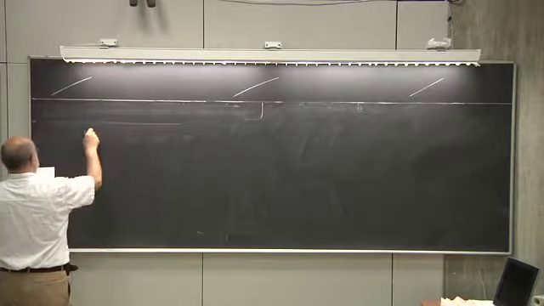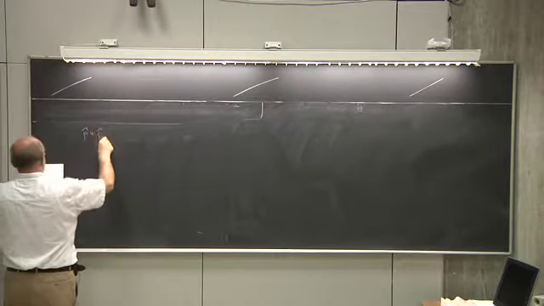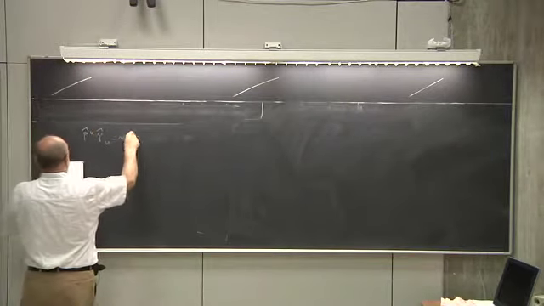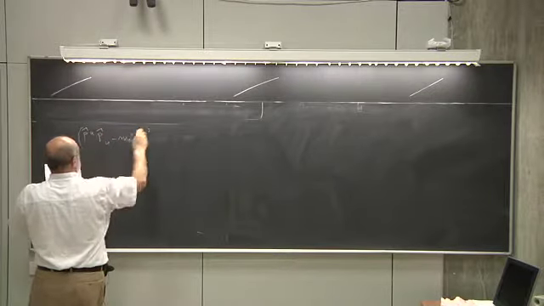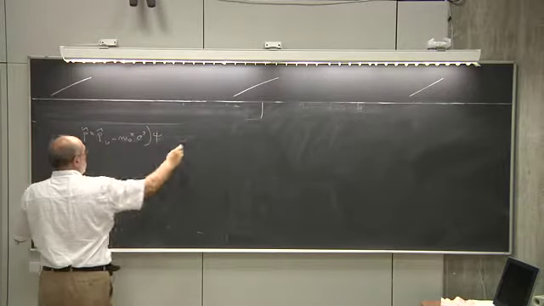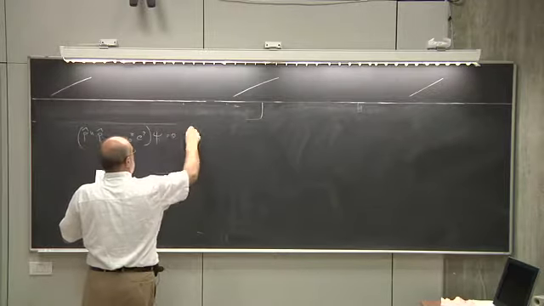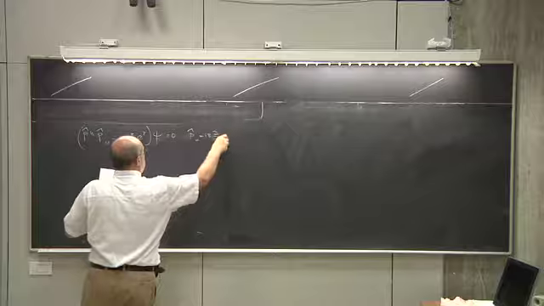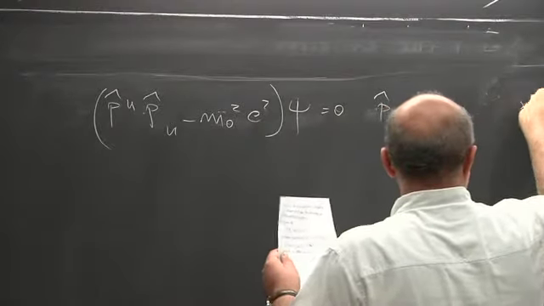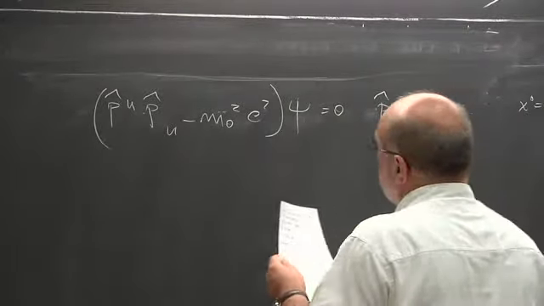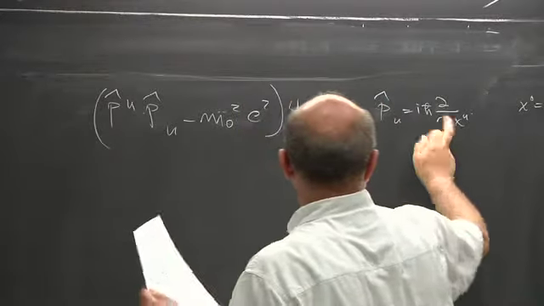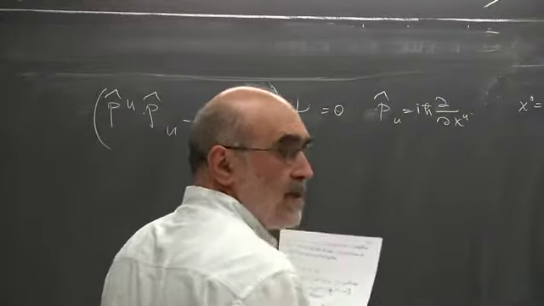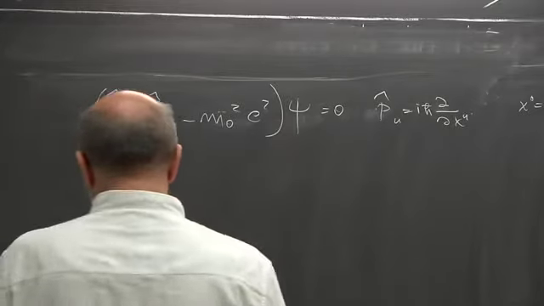The equation was this, equals 0, and p mu is i h bar d/dx mu, where x0 is ct. So there is a c here, and when you do the square, there is a 1 over c square in the denominator.